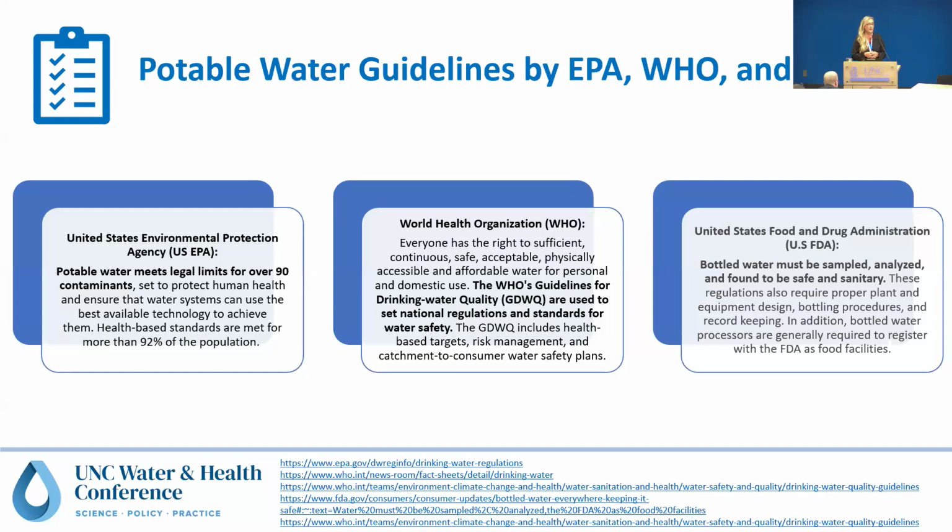The World Health Organization internationally helps to provide guidelines so countries can inform those for their own standards. And then the Food and Drug Administration in the United States also helps set standards for food and beverages. So there are guidelines that we do have, but we know, and in hearing with the plenary from the EPA administrator, there's still more to go. There's more that we don't have regulated.